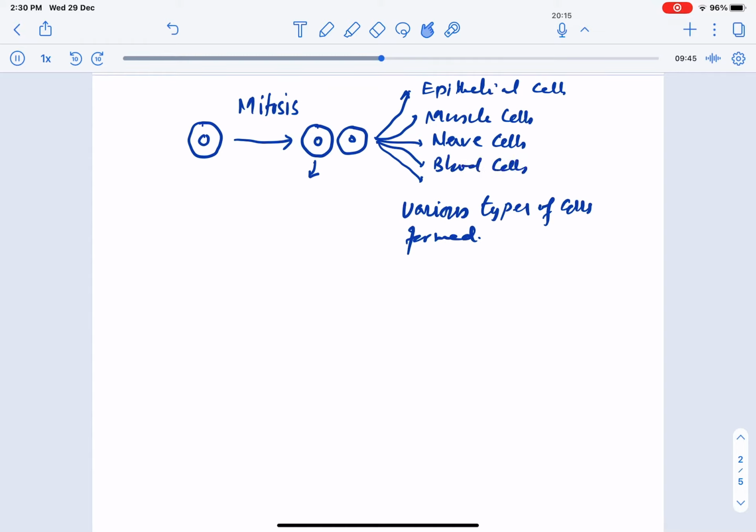So in a schematic diagram, we can show this process that cells have the ability to divide and produce various types of cells. This ability to divide is known as potency.